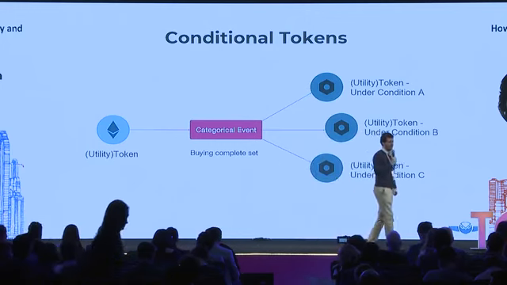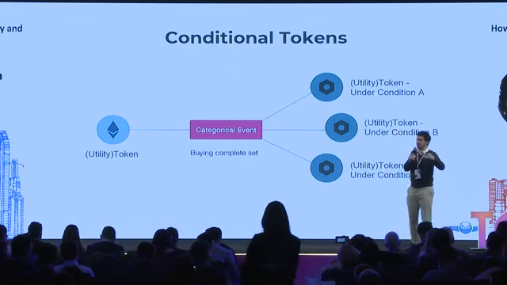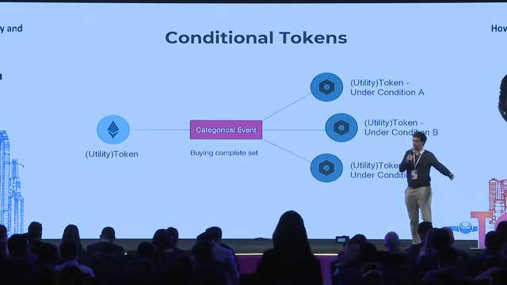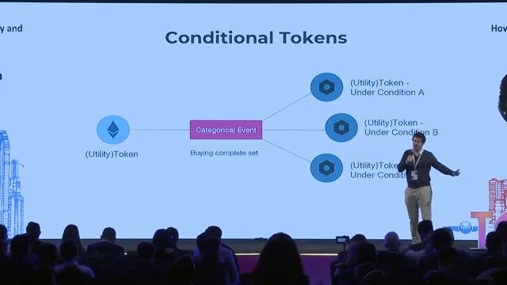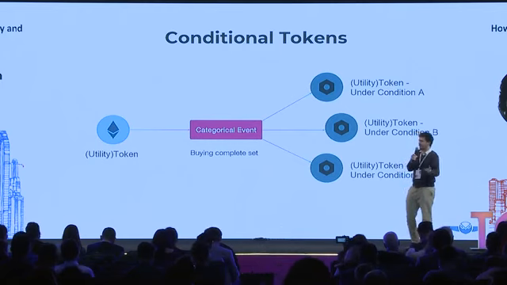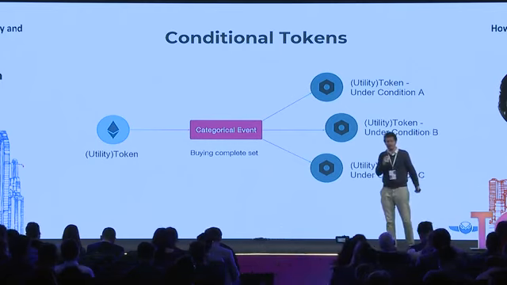You can use such a token of a new project or a new product, and usually they have their roadmap, and you can ask a simple question: will they hit their first milestone, let's say in a year, yes or no?